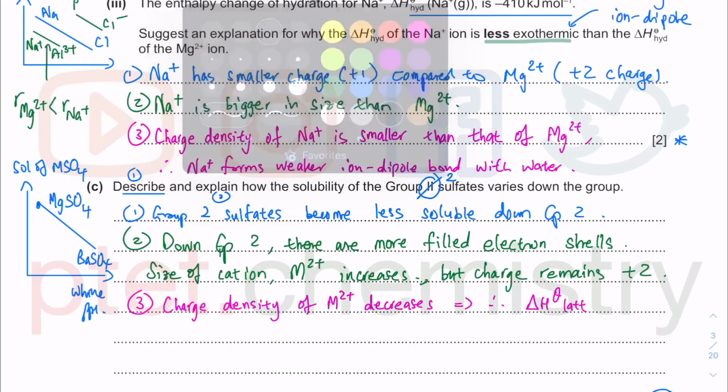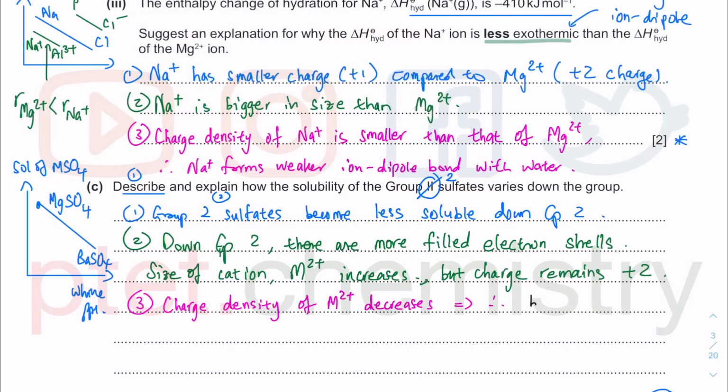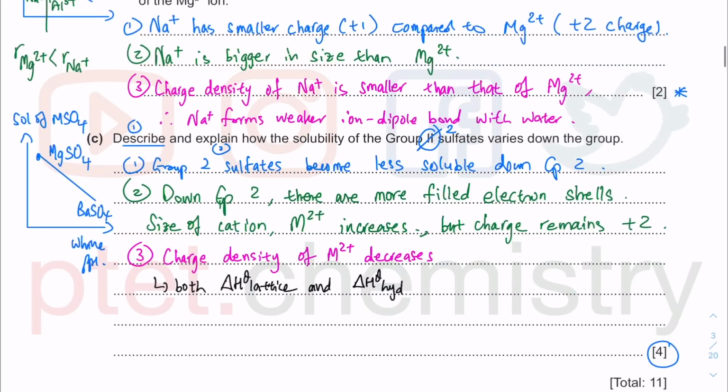So both the lattice and the hydration, I should really clarify this very clearly. For hydration there are two, the cation and the anion. We are not changing the anion, so it's all the group 2 sulfate. So it's just the cation that is important here, and as the charge density of the cation decreases, both of them will become less exothermic.